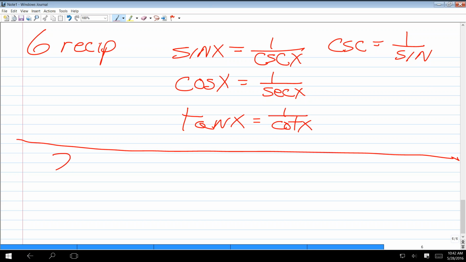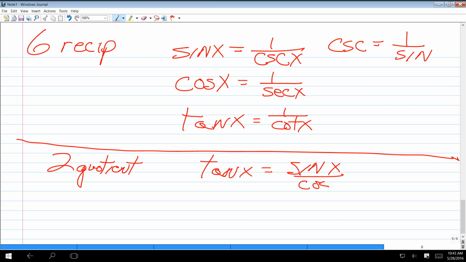There are 2 quotient identities. One being tangent's. What's tangent's quotient identity? One trig function divided by a second trig function. Sine over cosine. Sine of x over cosine of x.